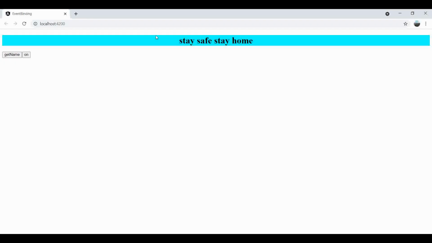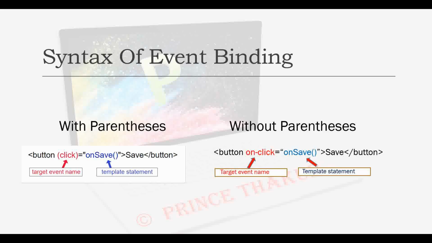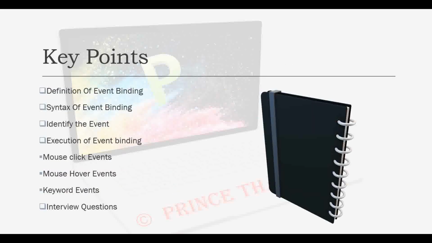Let's see the execution part. If I click on it, the name should pop up on my window. Yeah, it's working correctly. The second part is also done correctly for the syntax of event binding. Now our second key point is working correctly.